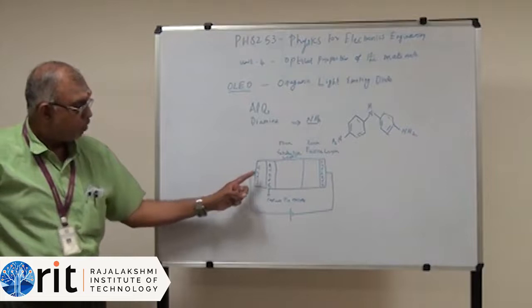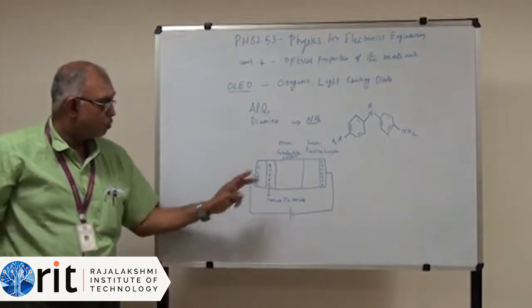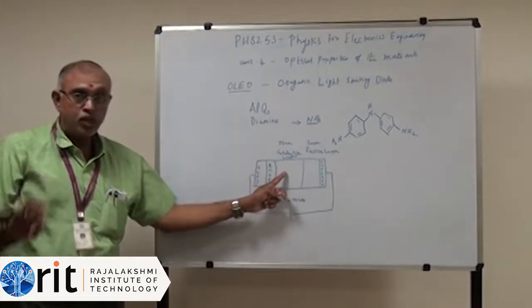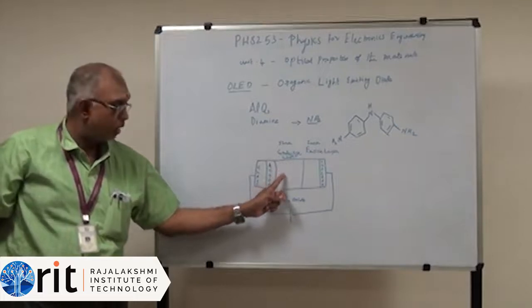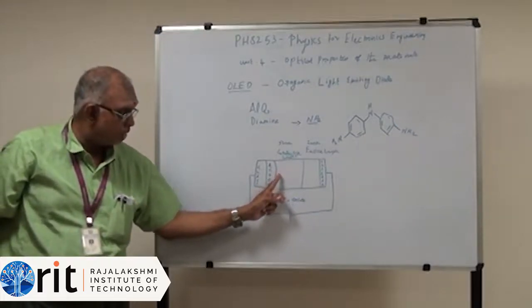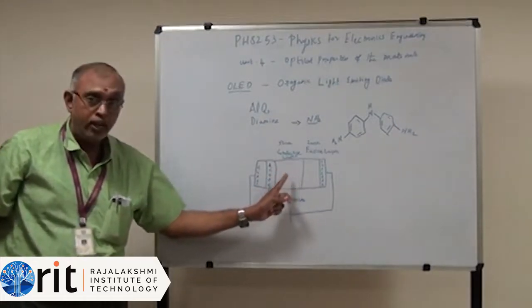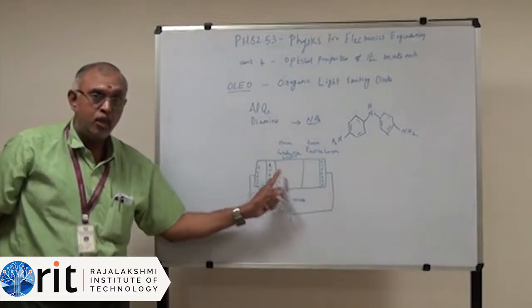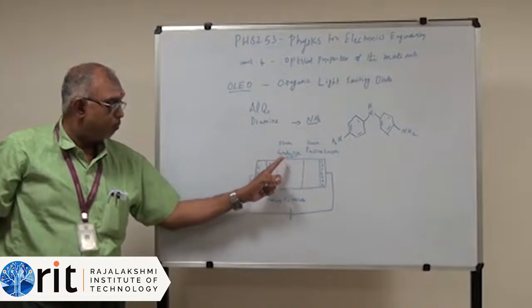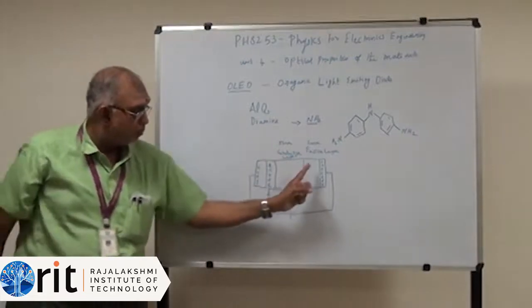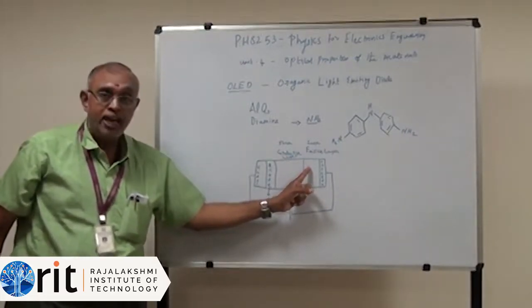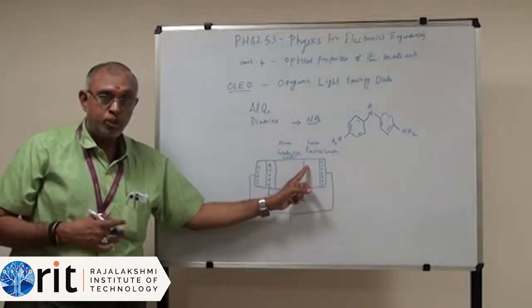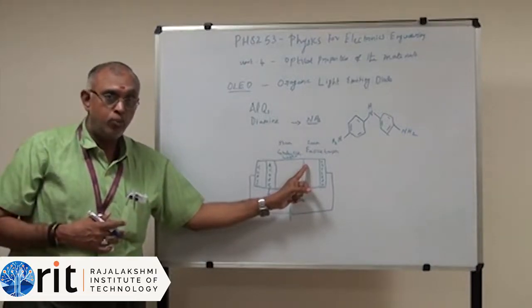Now, the conductive layer is used for one purpose, hole transportation. It is also known as the hole transportive layer. The emissive layer is used for two purposes.